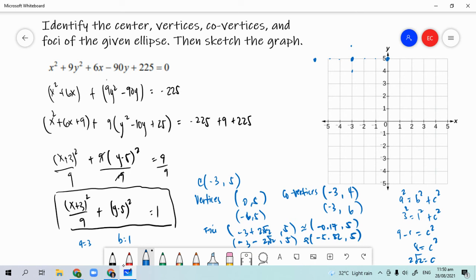All right, so we have all the values that we're supposed to look for.